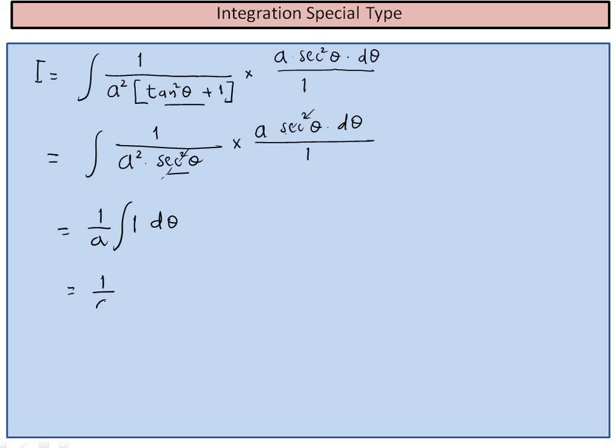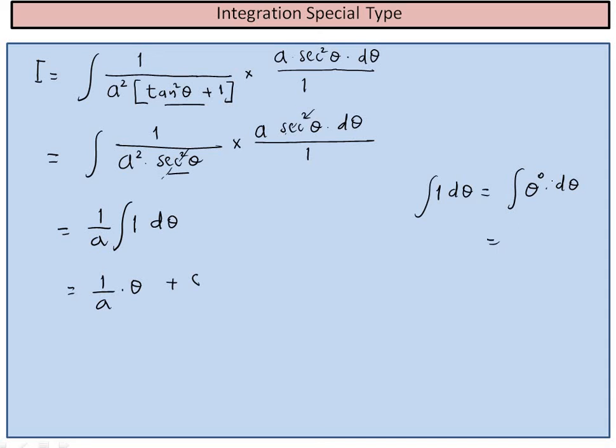1 upon a theta plus c. How is the integral of 1 theta? Because we are taking with respect to theta. Now I can explain you. Integral 1 d theta is nothing but integral theta raised to 0 d theta.